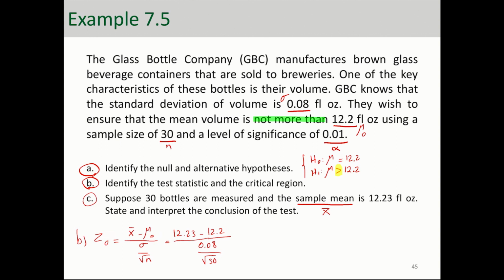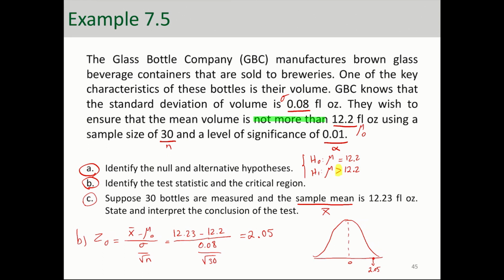If you do the math here, you'll get 2.05. Okay, so we know what our test stat is. Essentially, we know that on the normal distribution, where the mean is 0, our test stat is, let's say, here, 2.05.